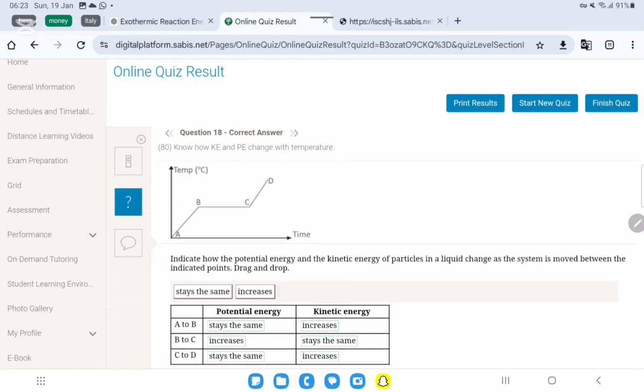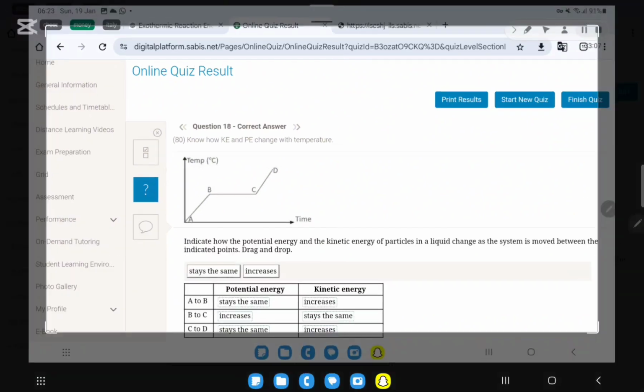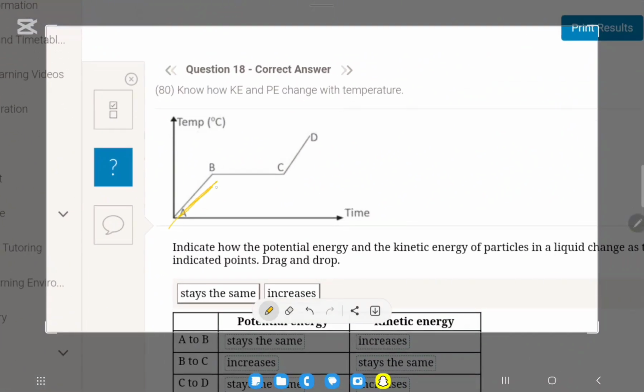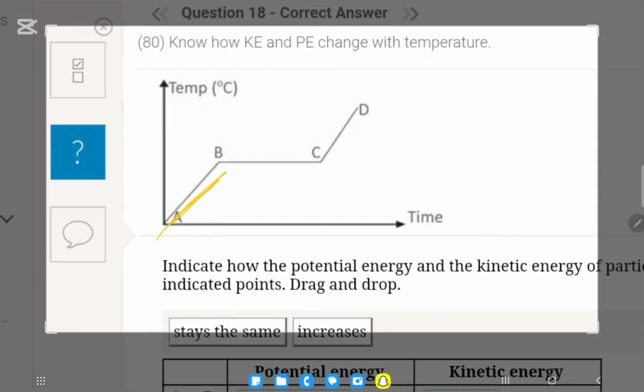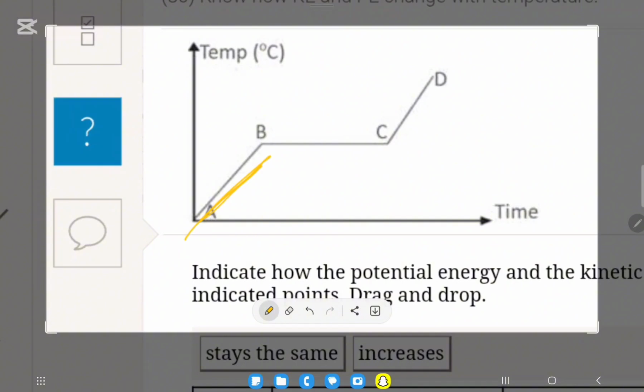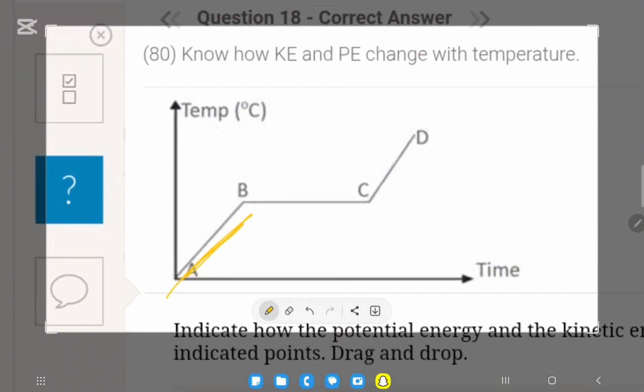Indicate how the potential energy and the kinetic energy of particles in a liquid change as the system is moved between the indicating points. So we have from point A to B, before the phase change. The temperature goes up. As temperature Celsius goes up, also absolute temperature goes up, so it's Kelvin.